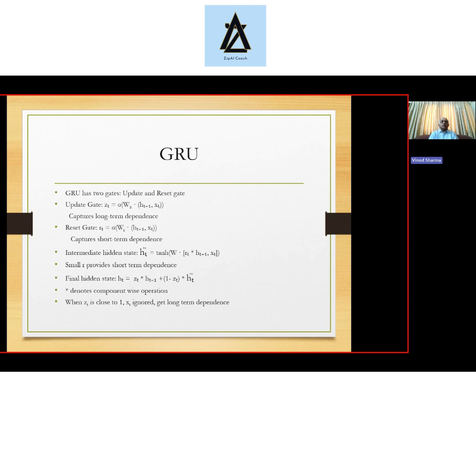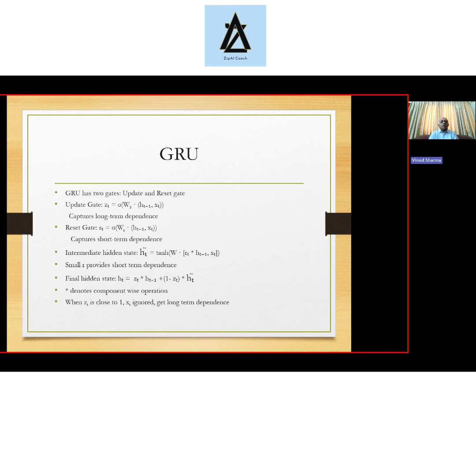The other gate is the reset gate. Its output r_t is equal to sigma of W_r, another weight vector, taken in an inner product with h_{t-1} and x_t, just like above. It captures the short-term dependence.